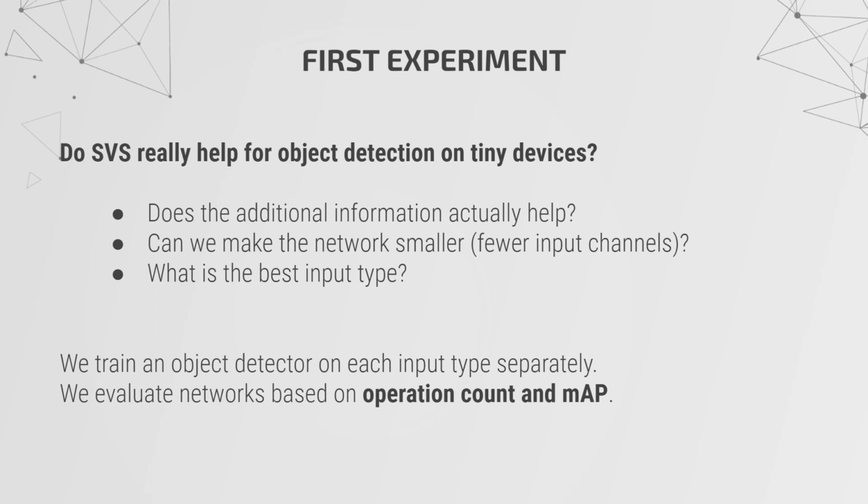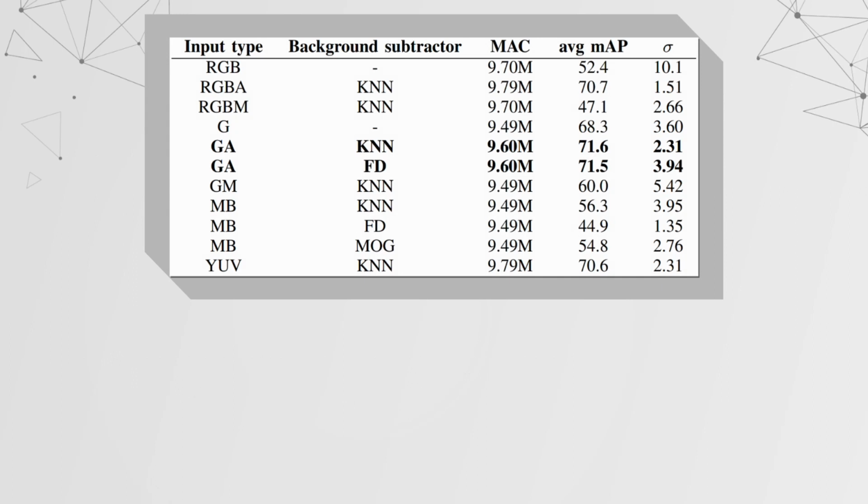Here you can see some of the selected results from this first experiment. You can see, for example, the first line is the baseline object detection task, where we give our network a simple 3-channel RGB image, and we evaluate the mean average precision that we achieve from this process.